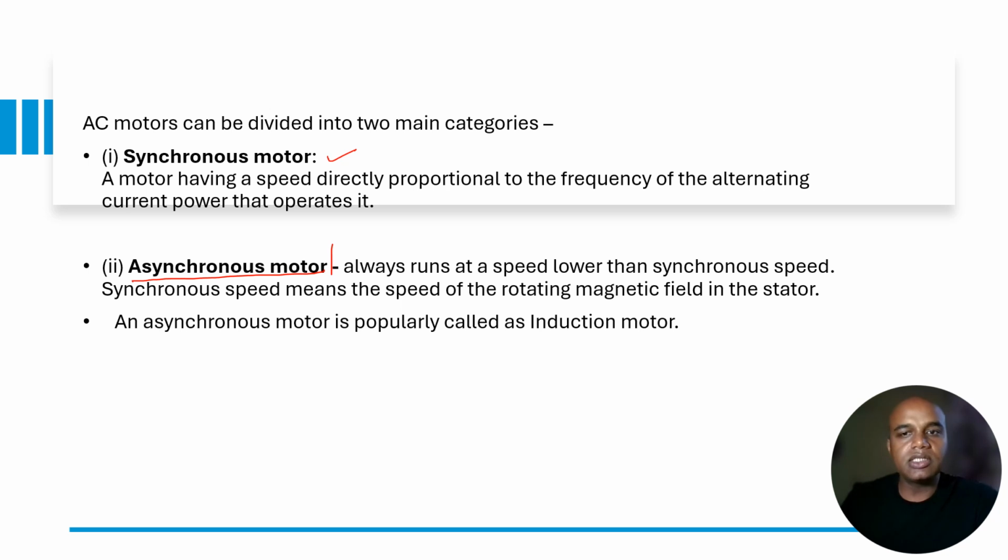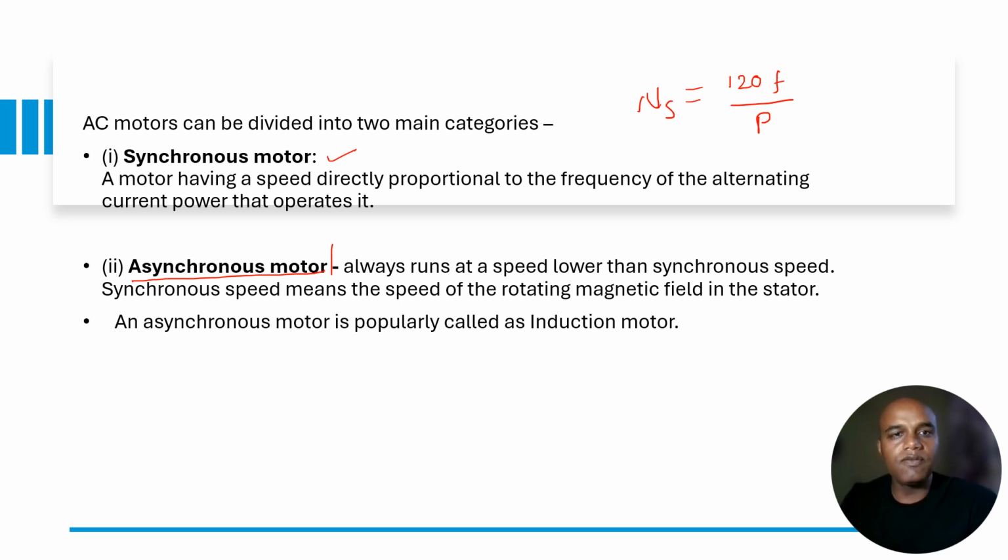To understand the synchronous speed, as of now, we can say that the windings placed over the stator to create the electromagnetic field produce a rotating magnetic field, and that field runs at synchronous speed, given by 120 f over p, where f is the supply frequency and p is the number of poles created by the windings placed over the stator.